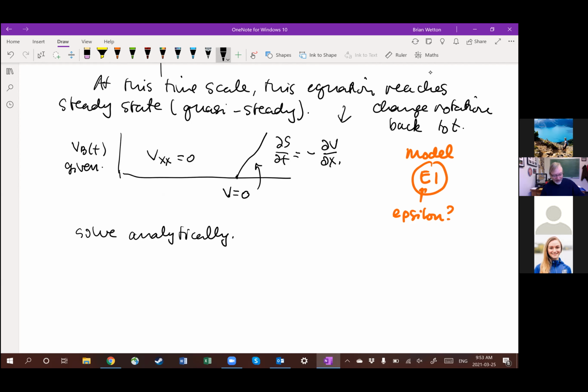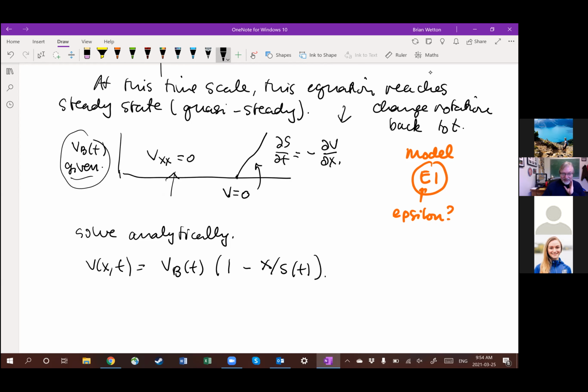S will vary with this VB, but at every time I've got this quasi-steady state. So all I know is that it's linear in here, with coefficients in the linear expression that vary in time. So this is VB of t times 1 minus x over s of t. That's the linear function that goes from this value at x equals 0 to the value 0 at s of t.